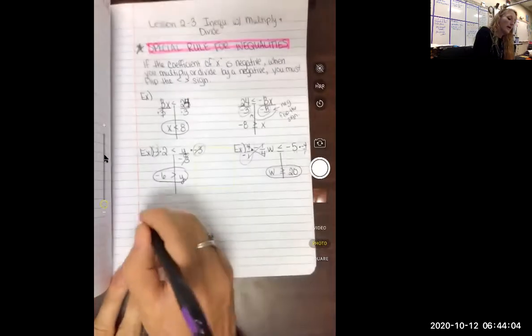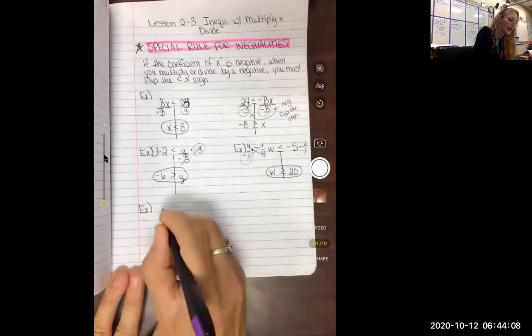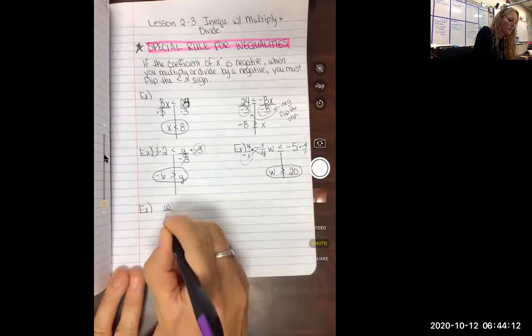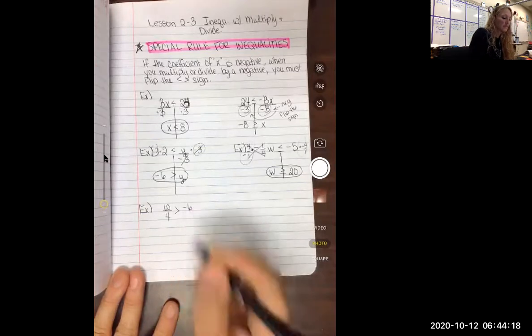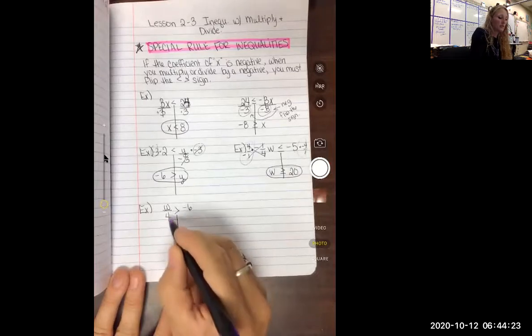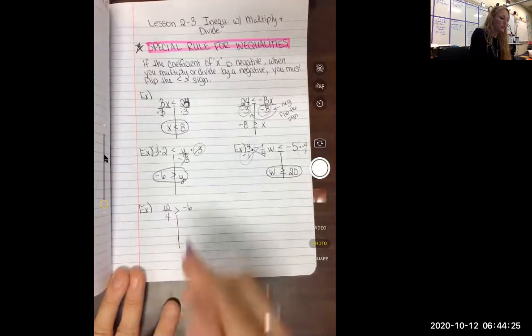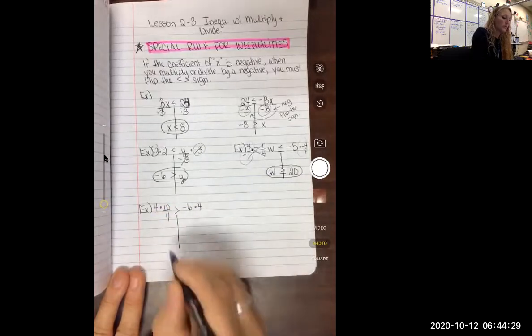So let's do just 1 or 2 more. So what if I had w/4 is greater than negative 6? And so we have to get w by itself. So therefore, this is w divided by 4. We undo division with multiplication, and whatever I do to one side, we have to do to the other.